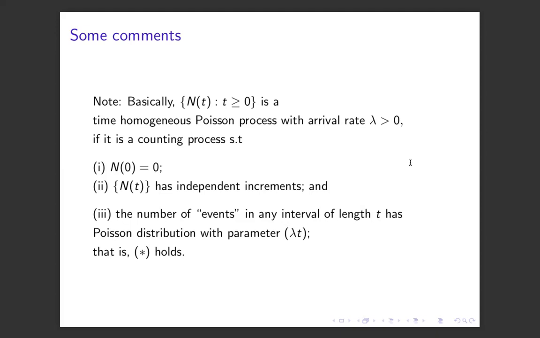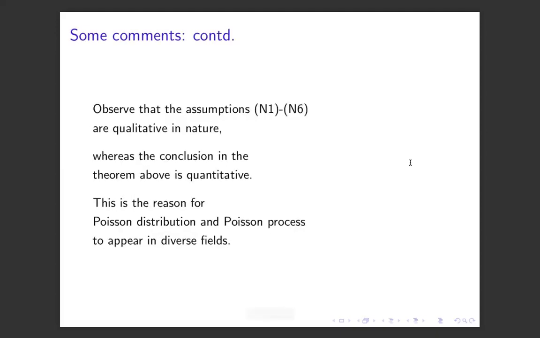It probably doesn't require a lot of tools, unlike the proof of the central limit theorem. The assumptions N1 to N6 are basically qualitative in nature. However, the result of the theorem, the main conclusion, is quantitative.